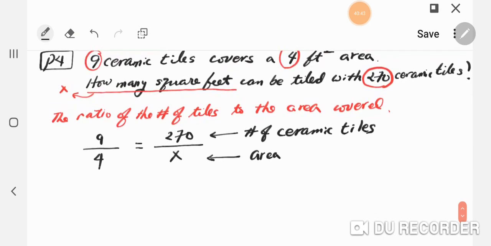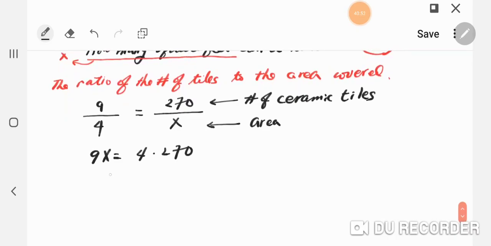From this equation, let's try a cross multiply. So 9x is equal to 4 times 270, and then x is equal to, divide each side by what? 9. Good, 9.